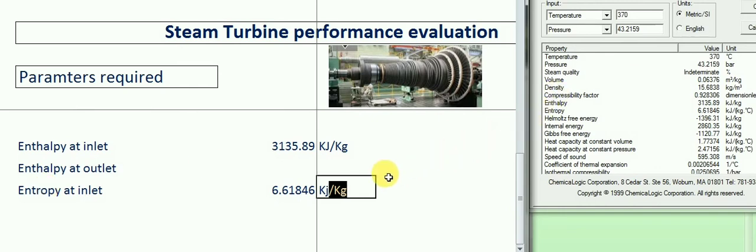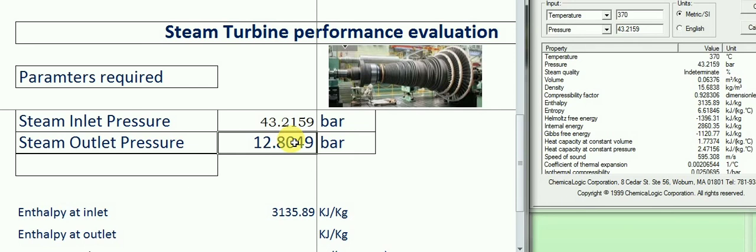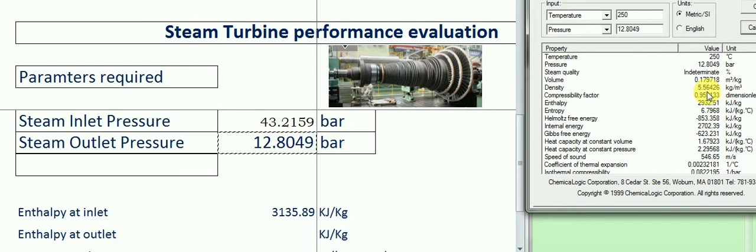We note this down for calculating the isentropic enthalpy. With the outlet pressure 12.8049 and outlet temperature 250 degrees centigrade, it gives 2932.51, which is the outlet enthalpy.